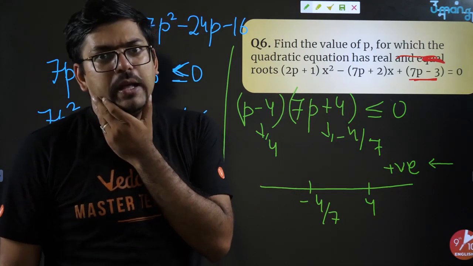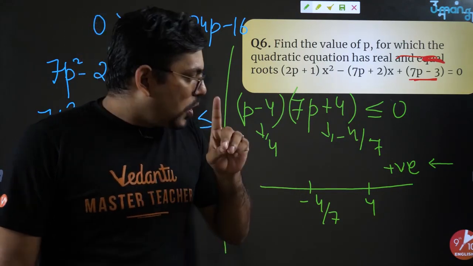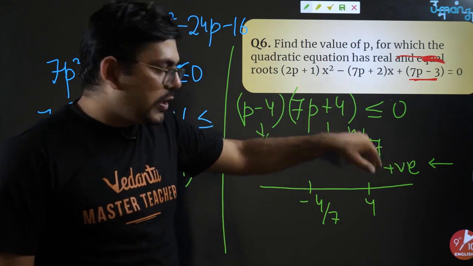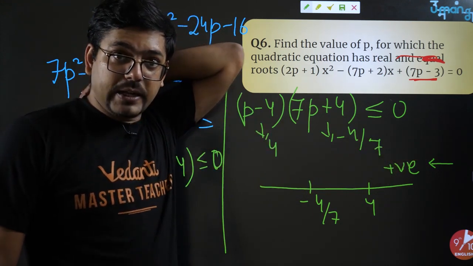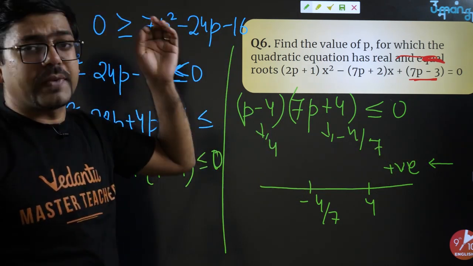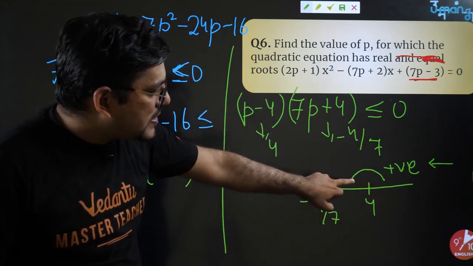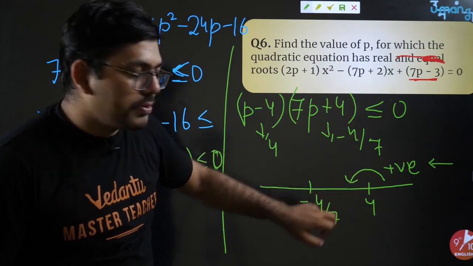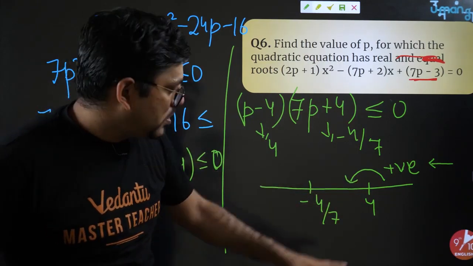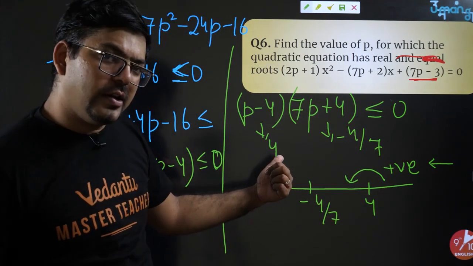Done? Okay. Now the third step. Whenever you start from the right and move on, after every zero jump, this is the 0, 4, 0.